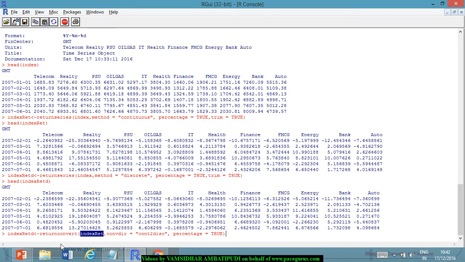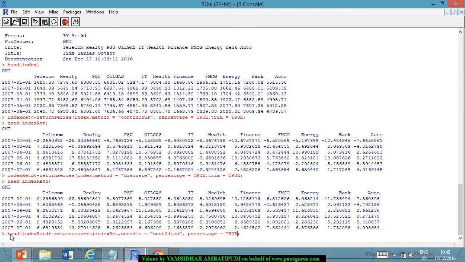So even if I am doing this one, and I look at the head of this as well, I should see that whatever I have got through direct discrete and even through this should give me the same result. So let me see this.